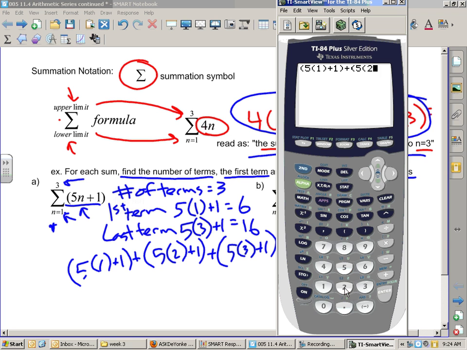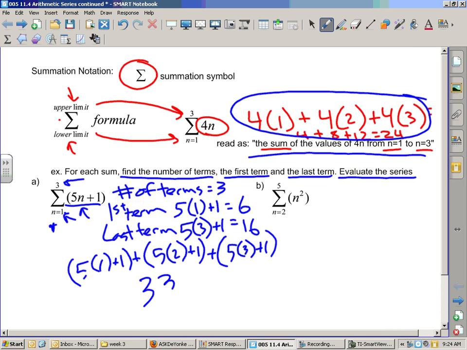Now we're going to plug in our 2, plus 1, close parentheses, plus, in parentheses 5, then plug in our 3, plus 1, close our parentheses. It tells us 33. We're going to circle 33 because 33 is our sum when we evaluated the series.